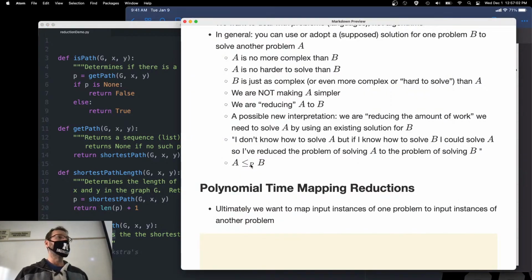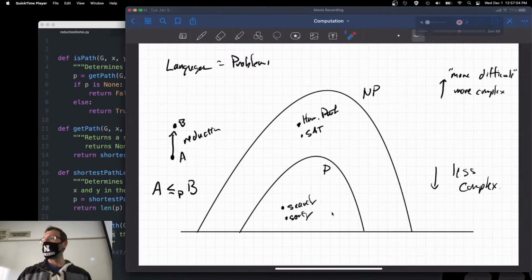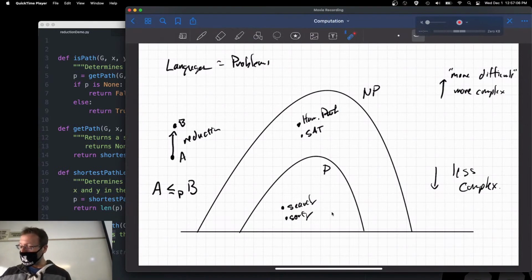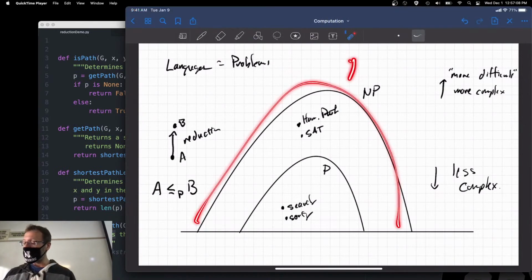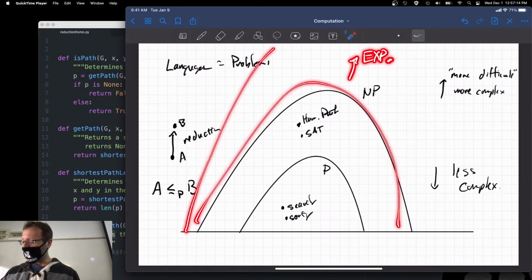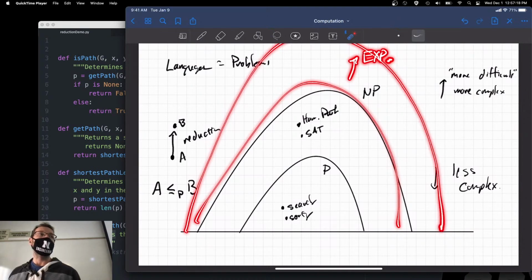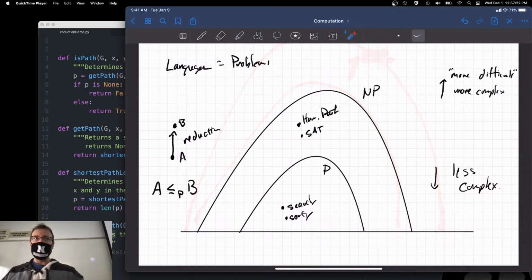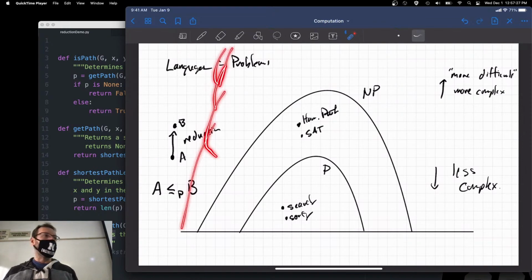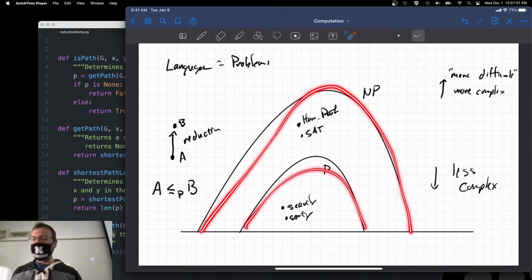But now I am concerned with resources, because I am in the world of P and NP. Remember X from yesterday? There's also a world of exponential time algorithms, or problems that can be solved in exponential time. I'm not even looking at that high. There's an infinite hierarchy going all the way up here. All I'm doing is considering P and NP.